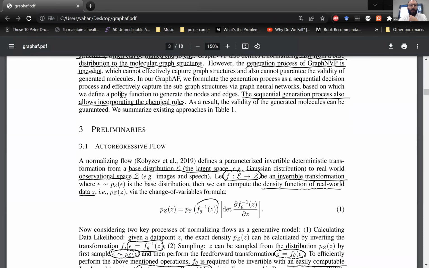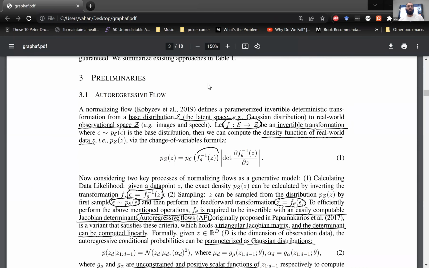Let's talk about the flow part. What does autoregressive flow mean? When I first read the title, I thought flow means flow network. So I was expecting a directed graph in the molecule, which was a bit weird. What flow actually means here is that they define a mapping between the base distribution, which will be Gaussian, and the observational space.